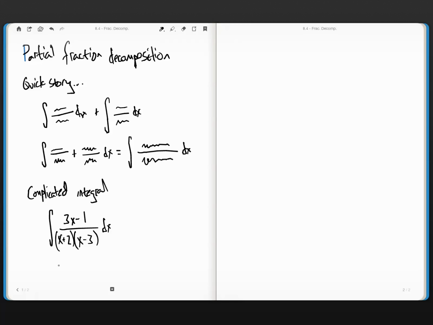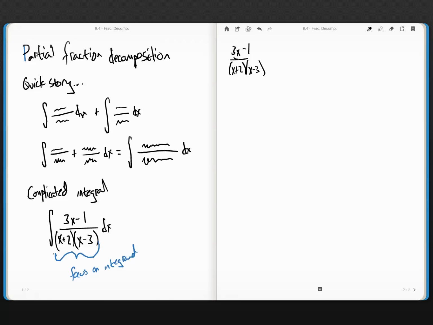So I'm just going to focus on the integrand. So our integrand now, it wasn't that complicated, is 3x minus 1 over (x plus 2)(x minus 3).